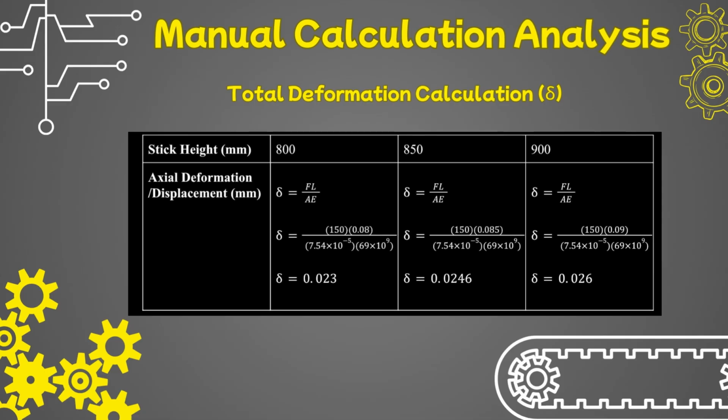Using the axial deformation formula, delta equals PL over AE, or FL over AE, we calculated the displacement for each case. As the height increases from 800mm to 900mm, we see a linear increase in deformation, starting at 0.023mm and reaching 0.026mm for the tallest stick. Although these values are very small, they are critical for understanding the material's elastic behavior.